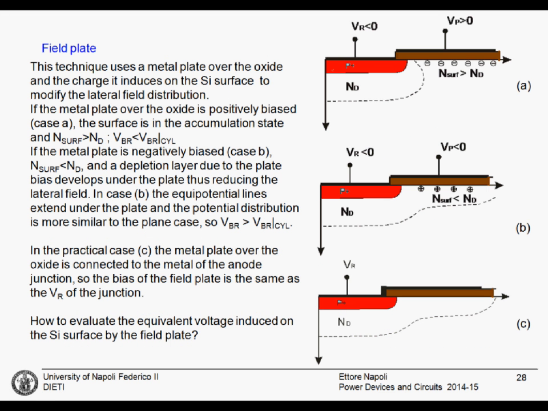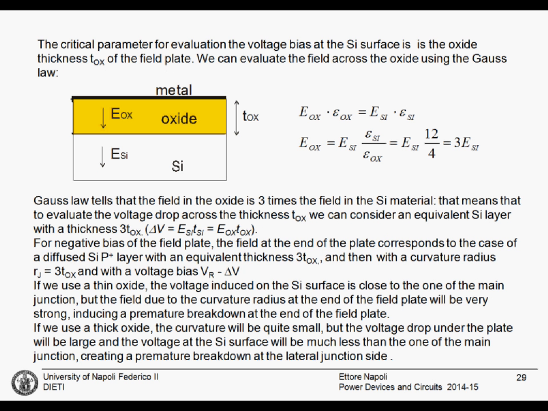We need to evaluate the equivalent voltage induced on the silicon surface due to the presence of the field plate. We can't do this in a fully analytical way. We need to simplify a number of aspects.